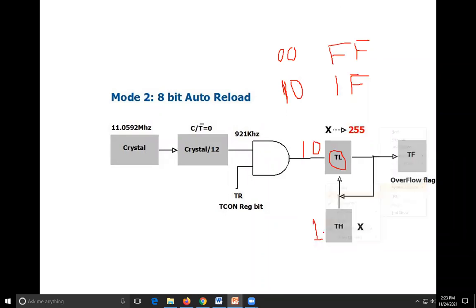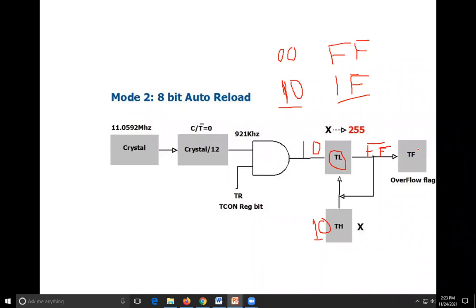TH is 10. I take the 10 into TL and start the counting. When the counting reaches FF, the TF flag will be generated.